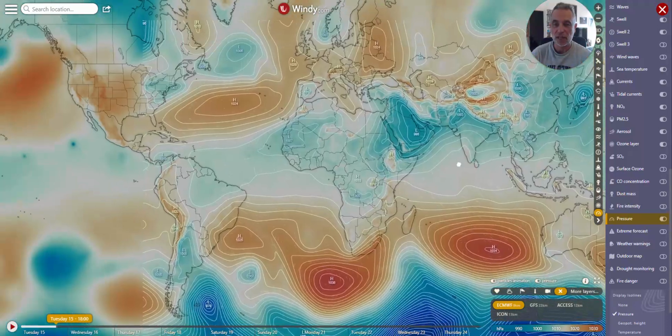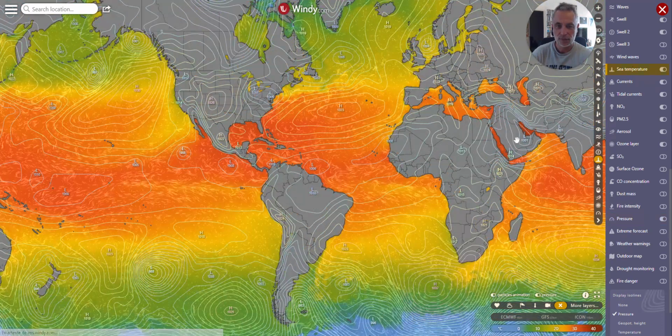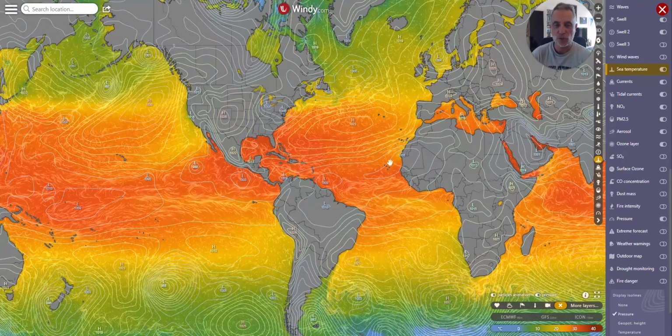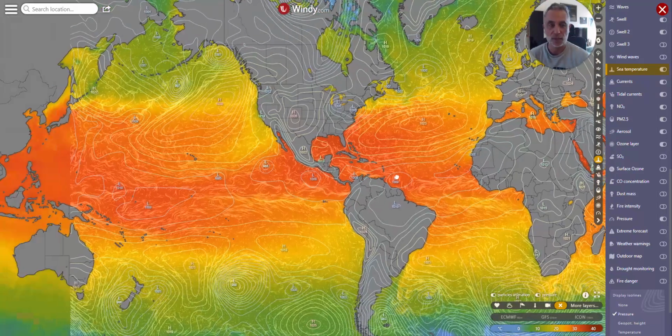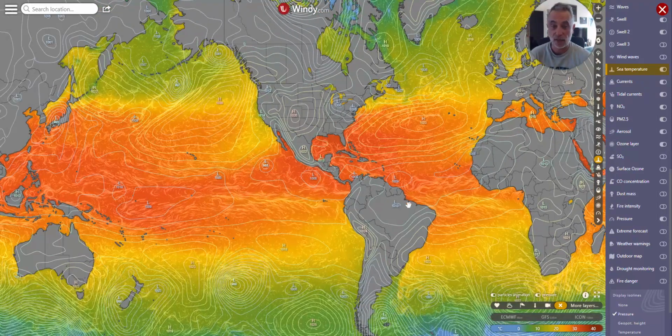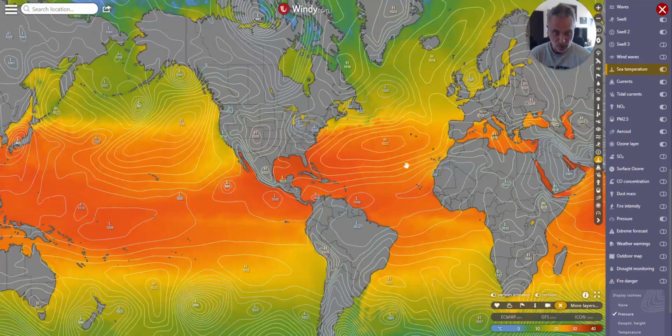What we could also take a look at now is the sea surface temperatures. Now, if I click on that, there you go, and you could really see where the ocean temperatures are the greatest, and it's no surprise that it's typically right over the equatorial regions where they have an excess of solar radiation.